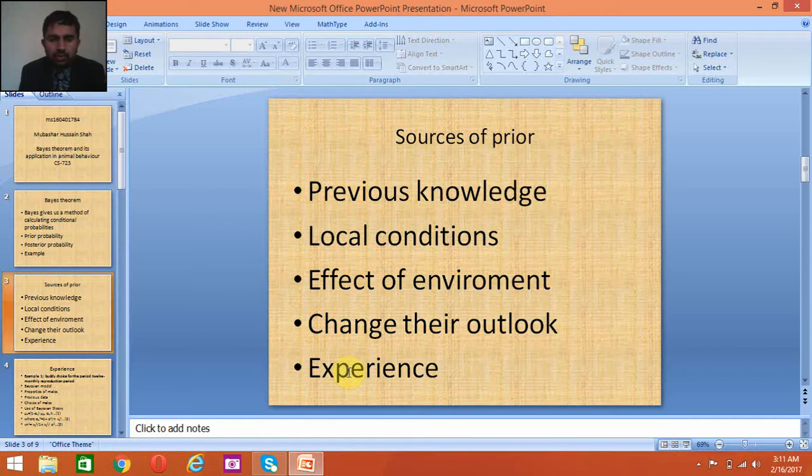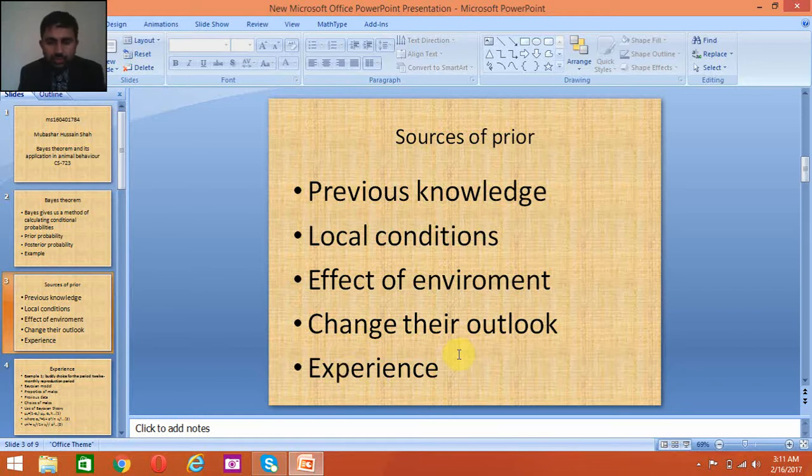For example, the scorpionfish has a natural ability to change its outlook. For this purpose, it is doing its job well, and for a long time it has been living with dignity. So it is our experience that all the animals gain their information from their previous experience.